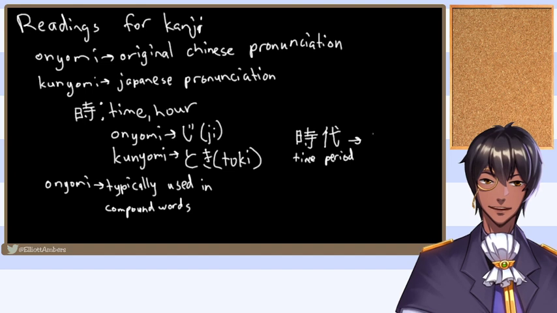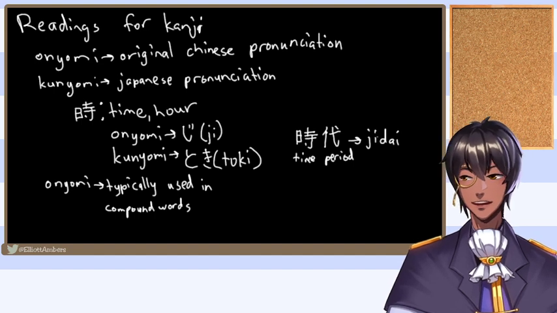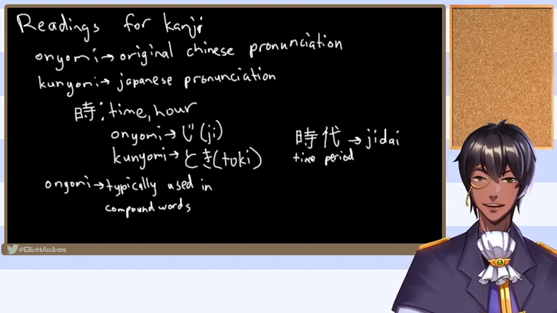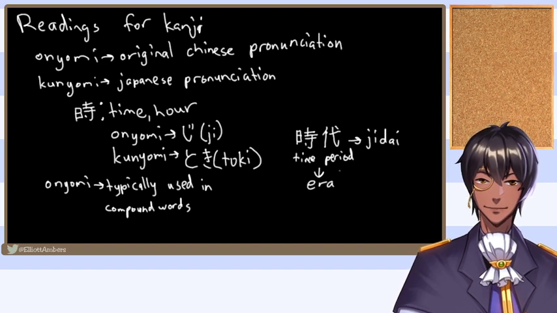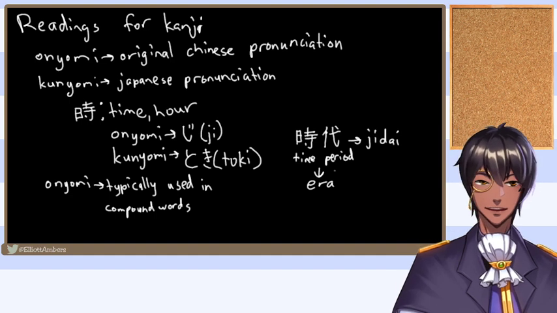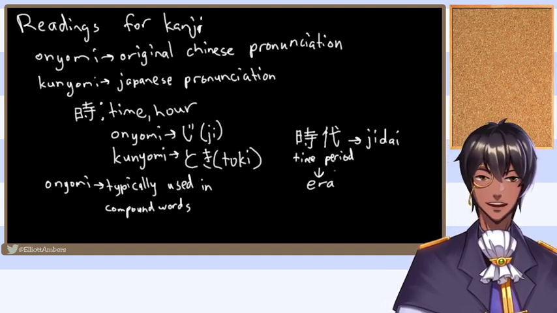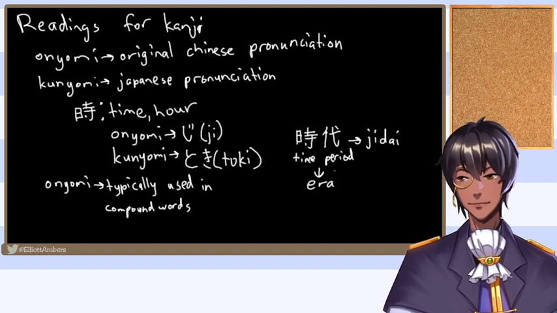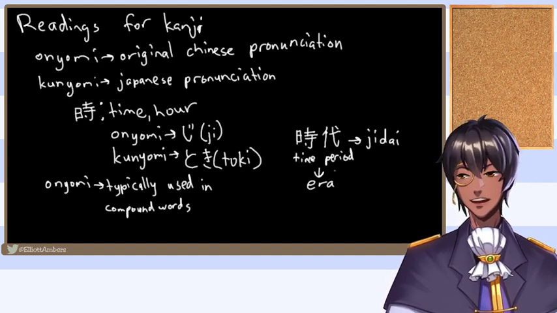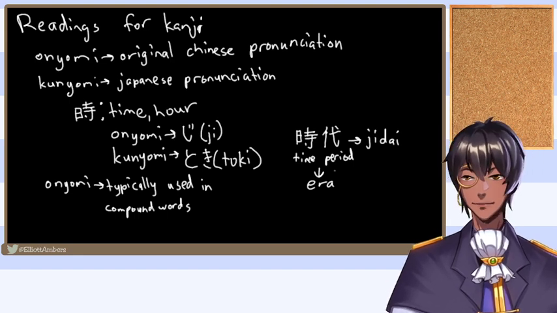And this becomes jidai. And it's pretty intuitive. It says time period, and it's very commonly translated as era, jidai, time period. I know there's a popular song out there called Shonen Jidai, which they translate to boyhood, but it just represents a period of time. Era is one translation, but it just represents that kind of span of time.